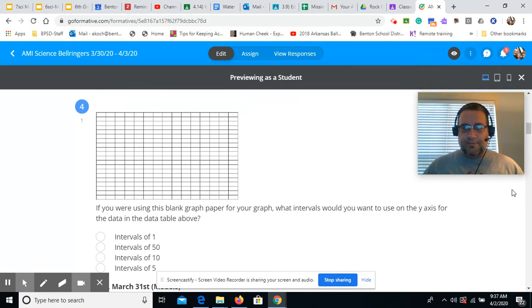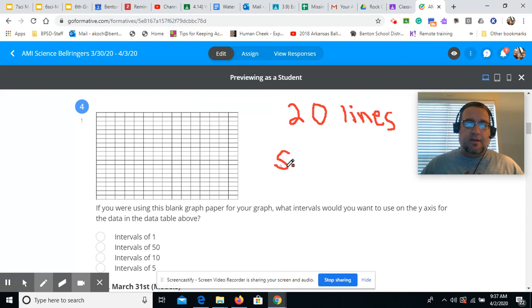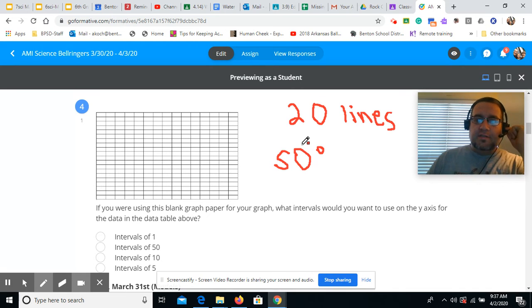So I've got about 20 lines, and I need to cover 50 degrees.